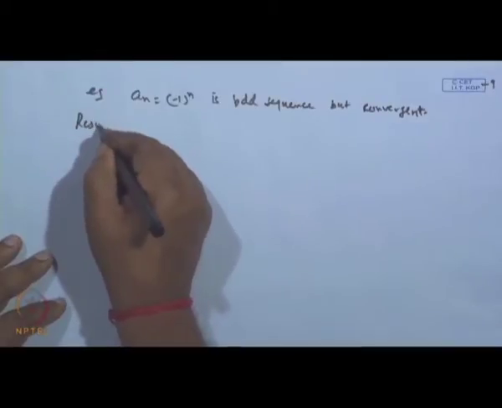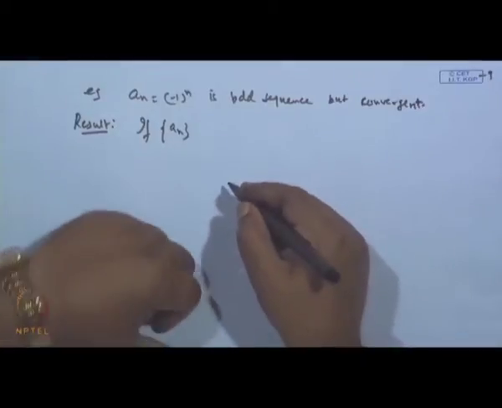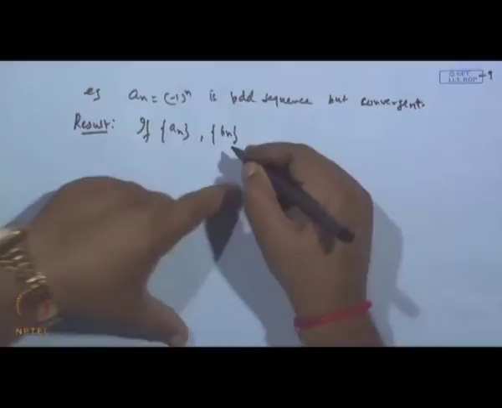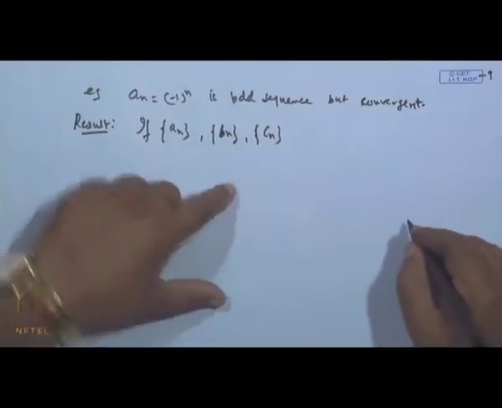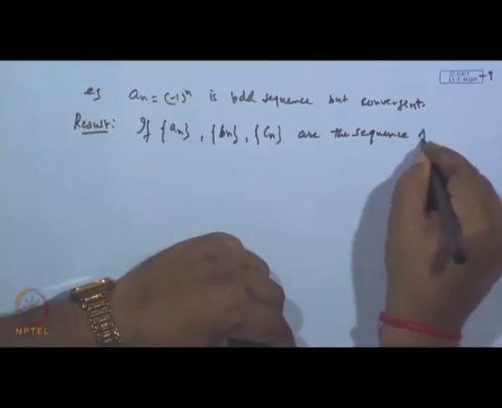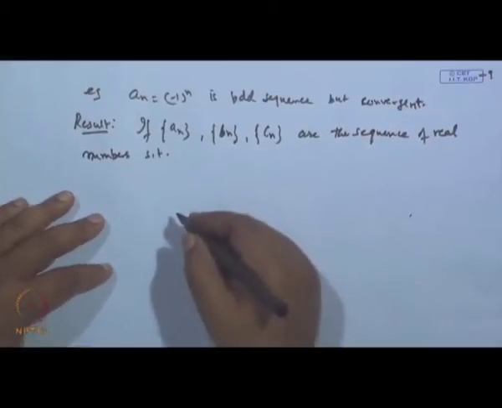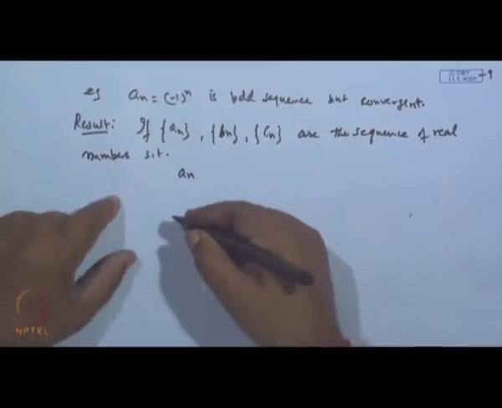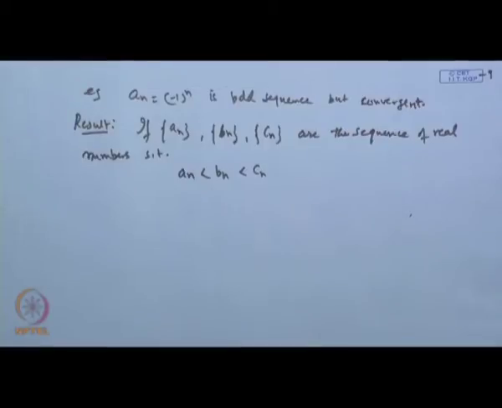There is one result which is known as the sandwich theorem. What this result says is, let A n, B n and C n be sequences of real numbers such that A n is less than or equal to B n, which is less than or equal to C n.